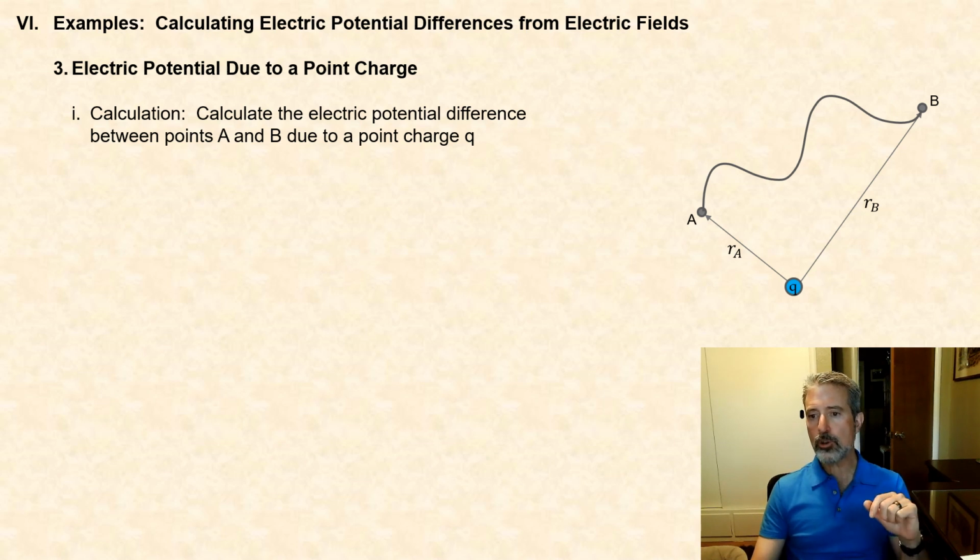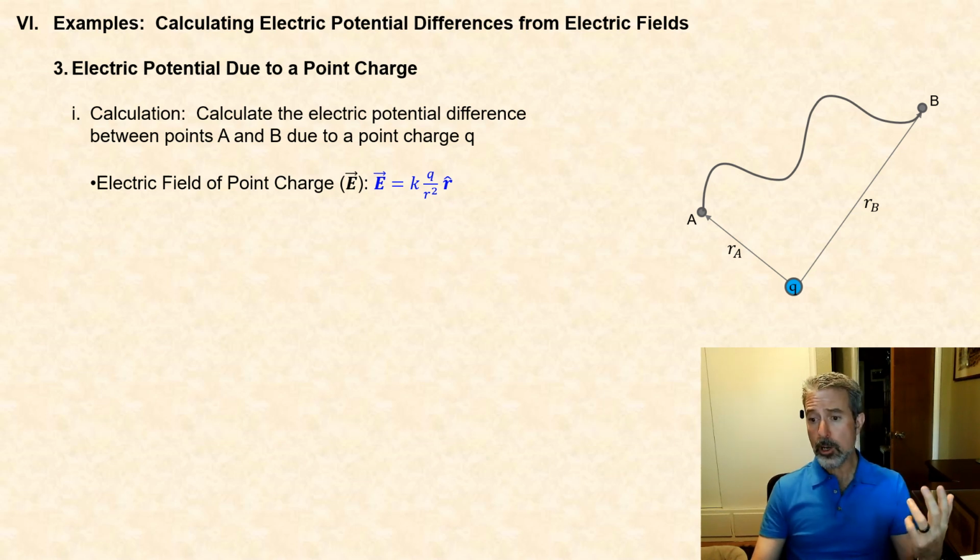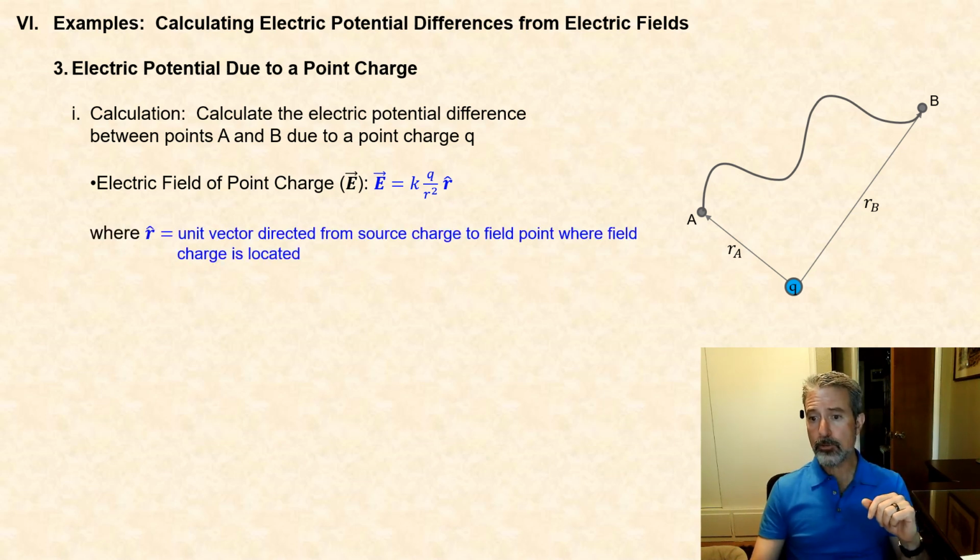And I'm going to say here that we know what the electric field looks like at all points in space for a point charge. This we've done previously, and here's an expression for it. Remember that unit vector r hat is directed from the source charge to the field point, where the field charge is located.